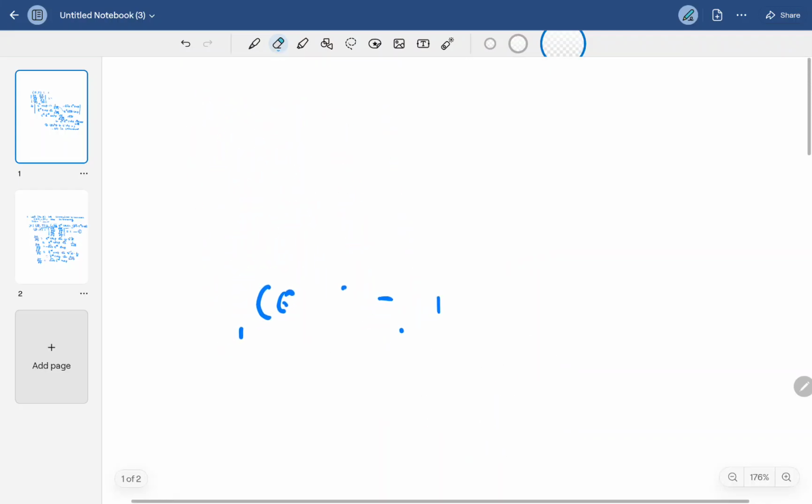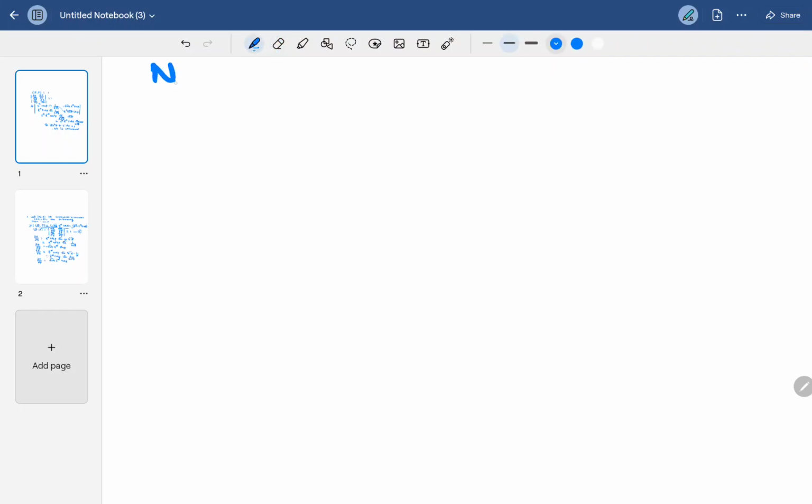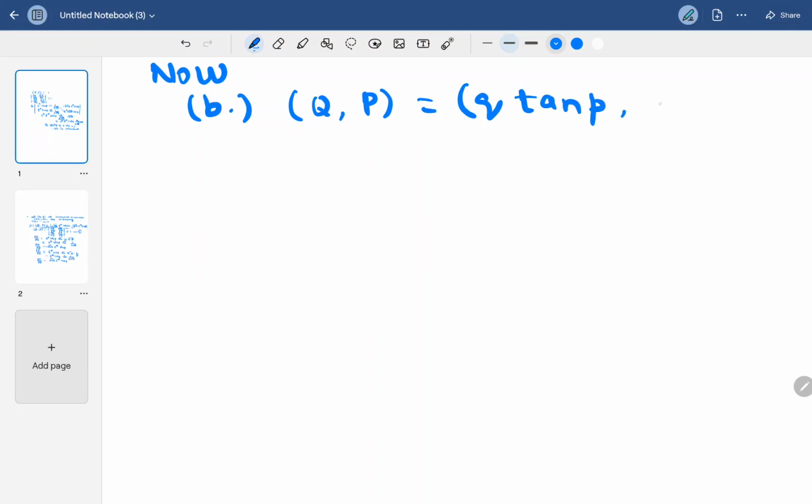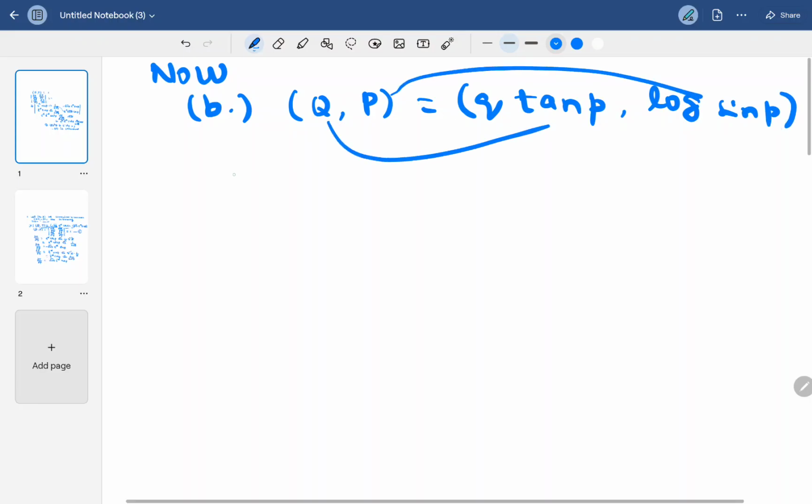Now, what is B? B is given as Q comma P, which is equivalent to Q tan P comma log sin P. This is Q, this is P. Similarly, I am using the concept of Poisson bracket.